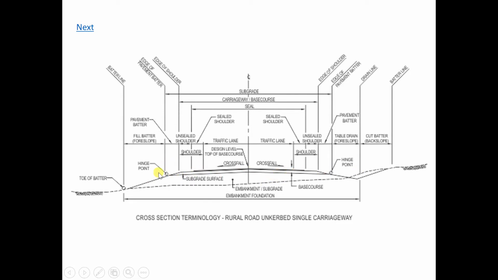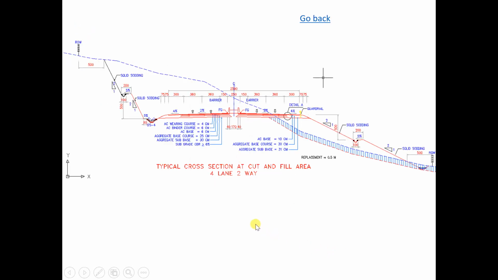And this is a dual carriageway, where the road just slopes in one direction. The road pavement crossfall is 2% on either side, and the shoulder has a steeper slope of 4%. Then it goes to the table drain.